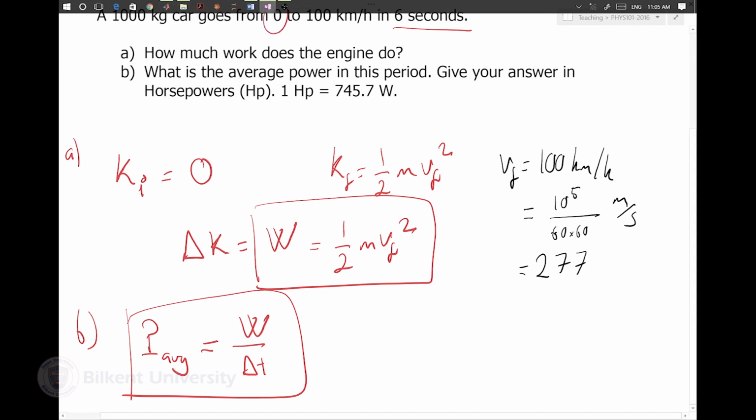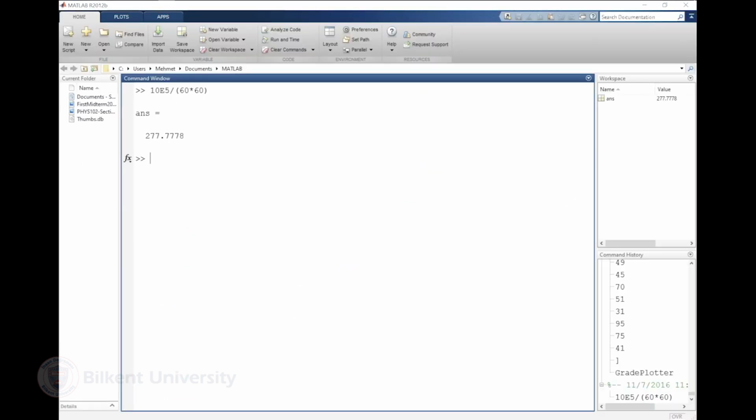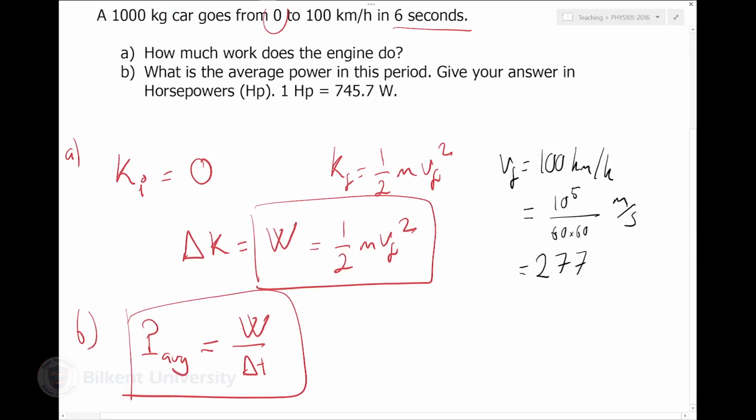Let's be more careful. 100 kilometers per hour is, yes, I should write 1e5, right? Thank you. Divided by 60 times 60 is 27.7, which is much more reasonable. Let's make this 27.8 meters per second.